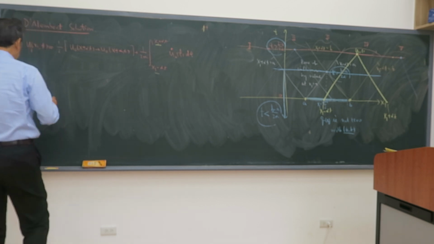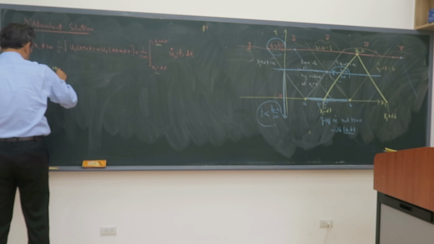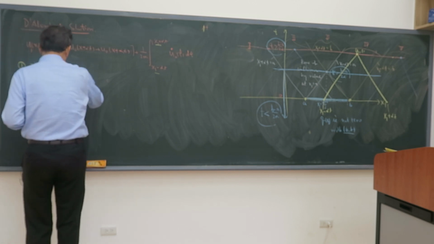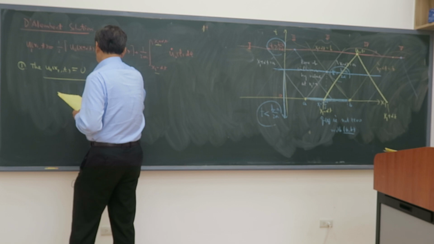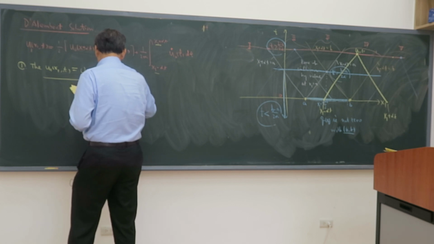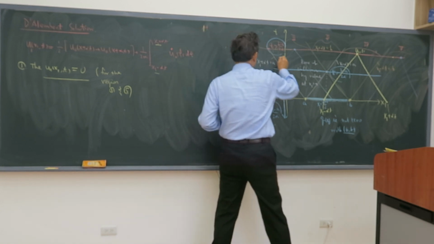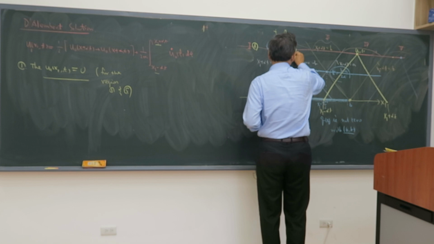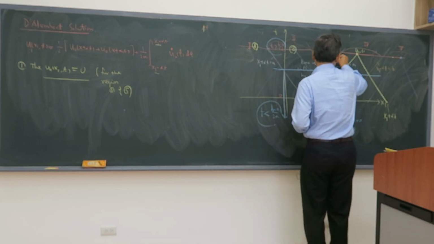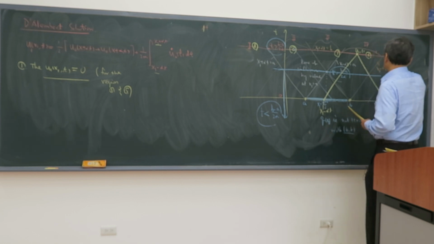So the u1(x,t) is 0 for the region 1 and 5. Okay, so this is region 1, region 2, region 3, region 4, region 5.